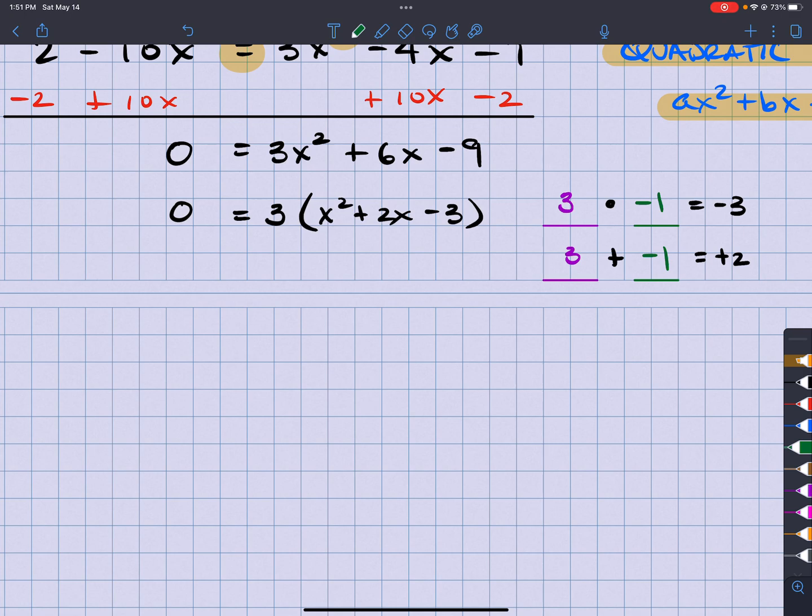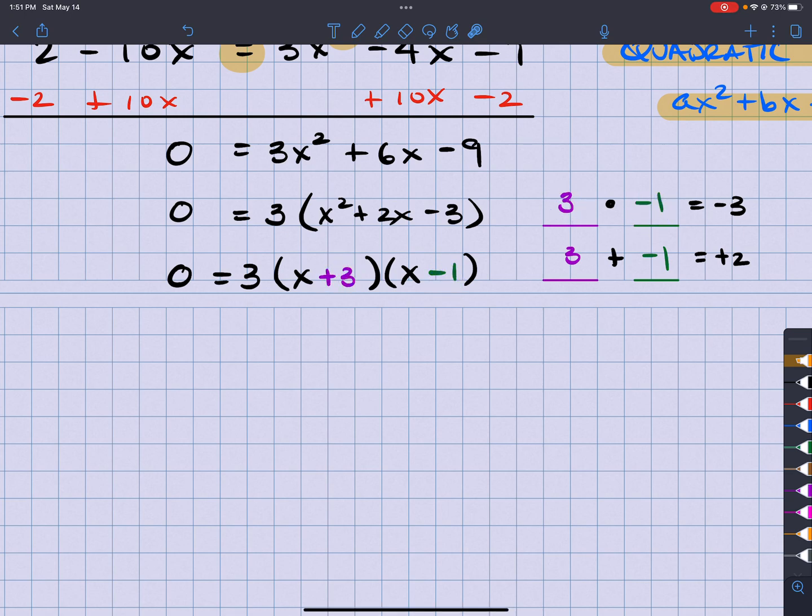That is absolutely correct. All right, so now I have 0 is equal to 3 times x plus 3 and x minus 1.